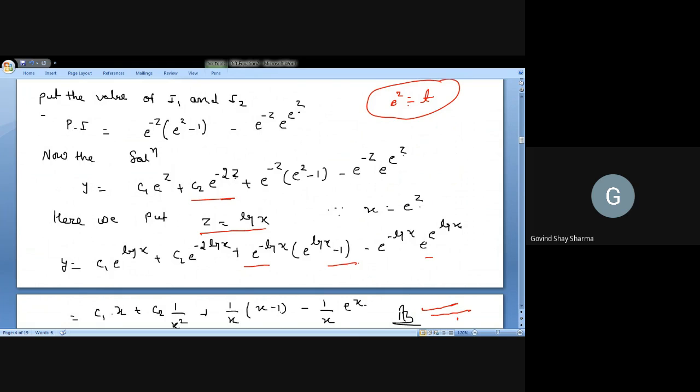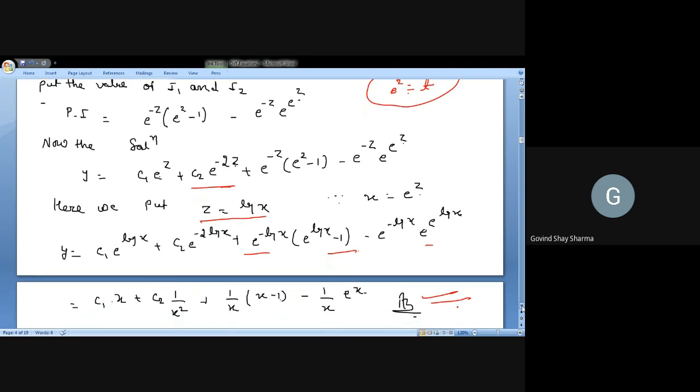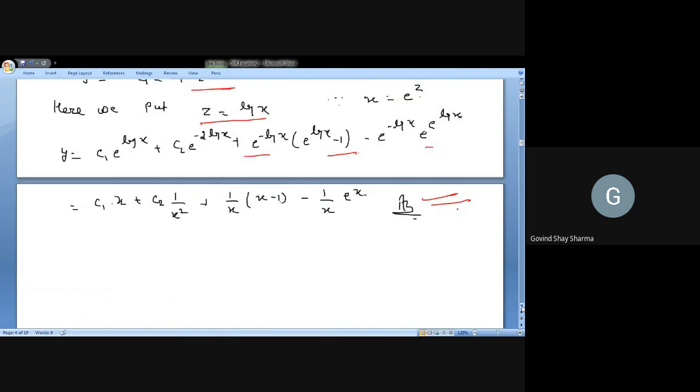Now students, let us start another example. In this lecture we decided to do two examples on the Cauchy Euler equation.